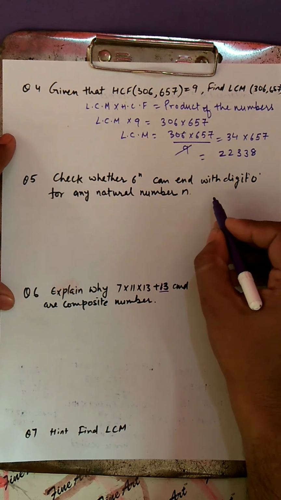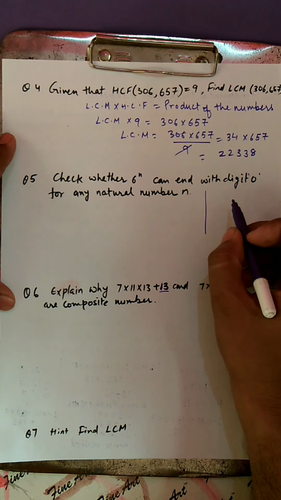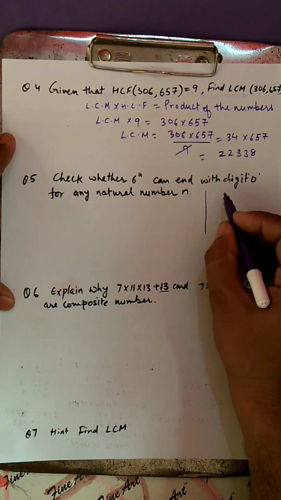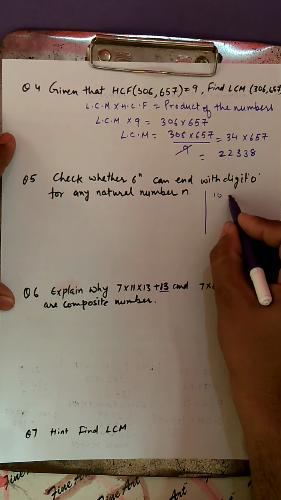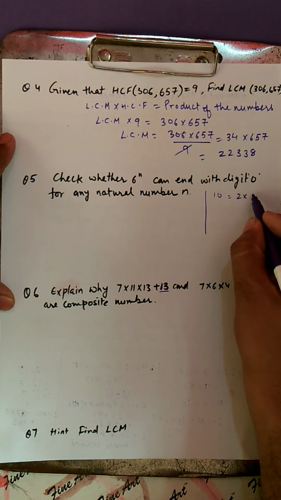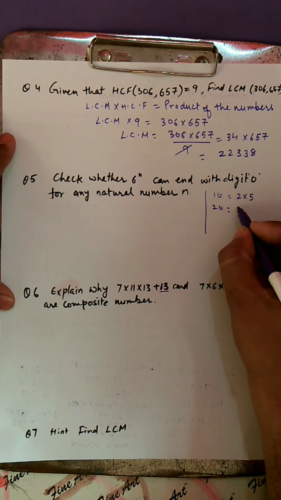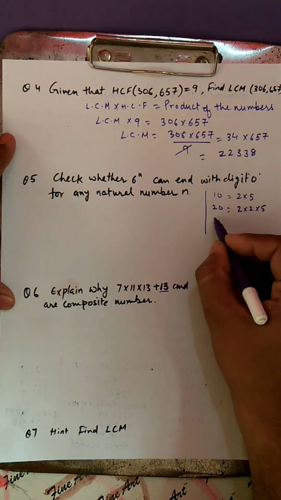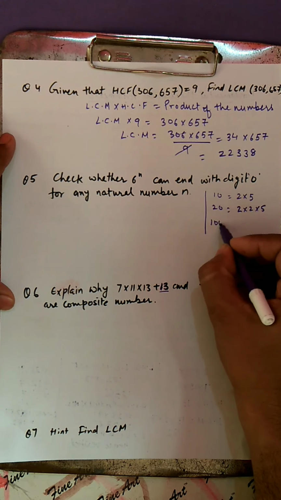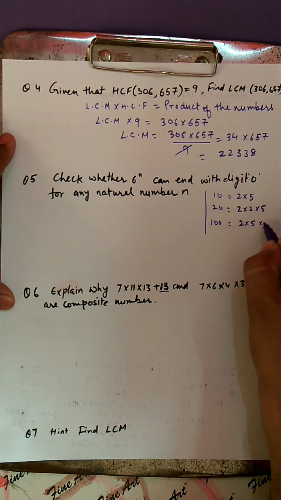Now here are some basic things that you must know. If any number ends with 0, for example 10, this can be written as 2 into 5. If it is 20, then it can be written as 2 into 2 into 5. If it is, for example, 100, then it can be written as 2 into 5, 2 into 5.